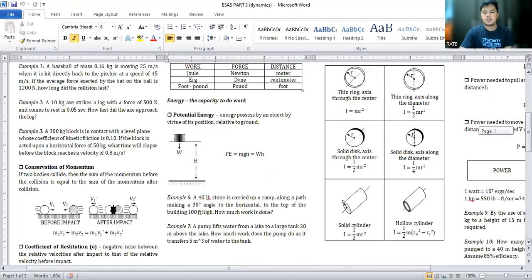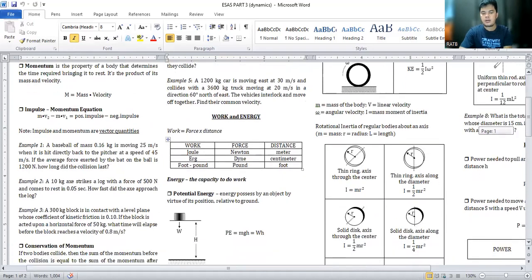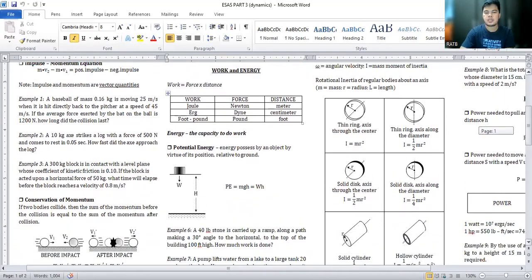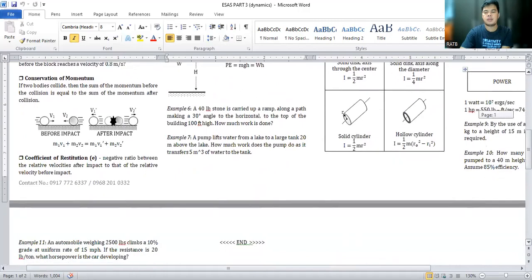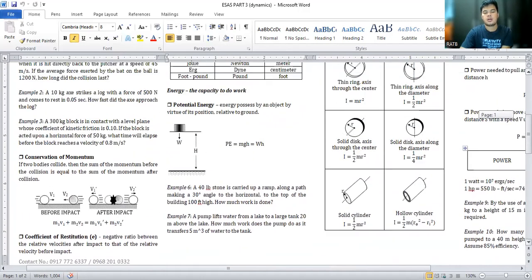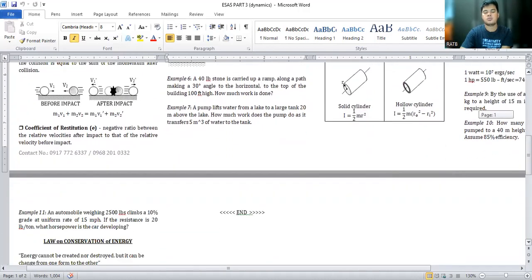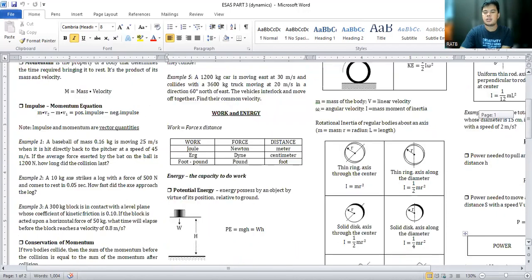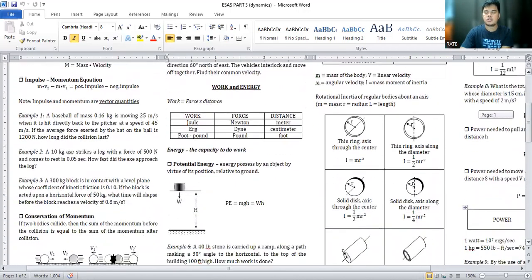Later on, we will try to explore the idea of the conservation of energy, and then we'll elaborate further on how energy is being conserved.